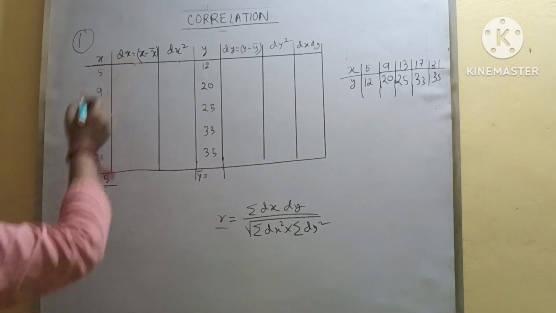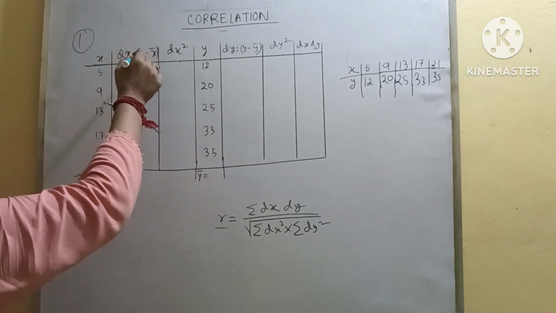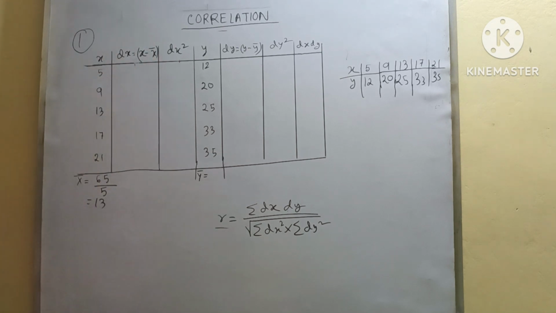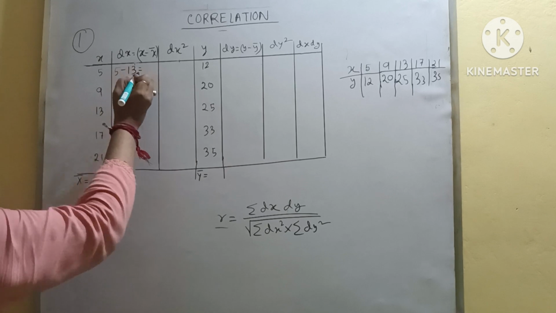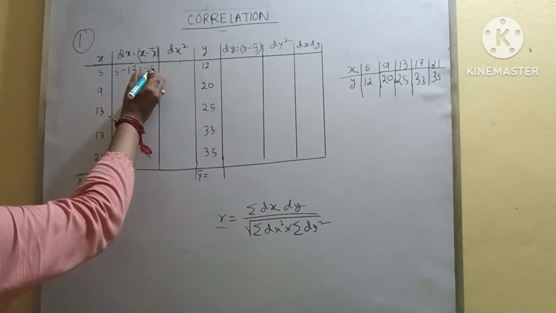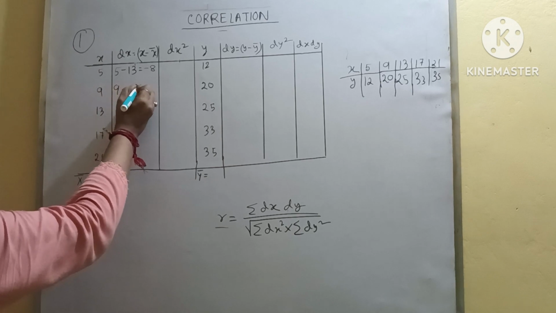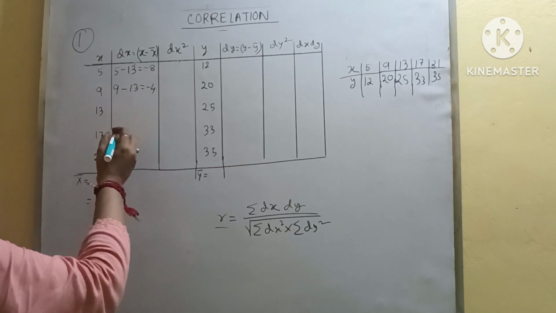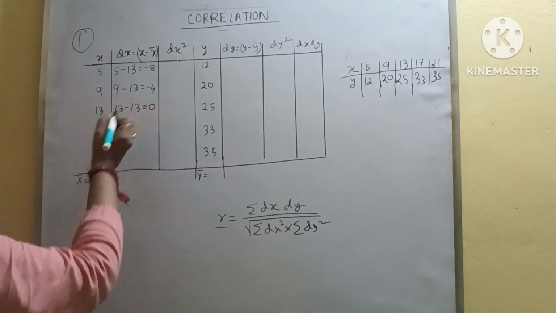Next column, that is the dx value. How to calculate the dx value? The dx value is x minus x bar. How do we calculate x minus x bar? 5 minus 13 equals minus 8. Next 9 minus 13 equals minus 4. Then 13 minus 13 equals 0.